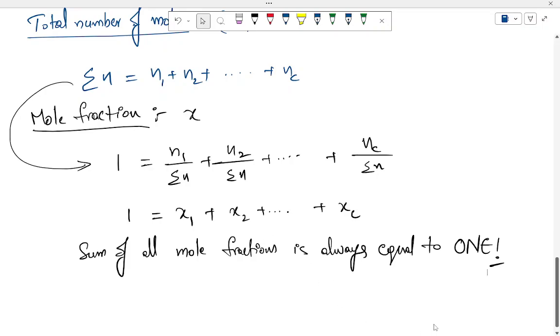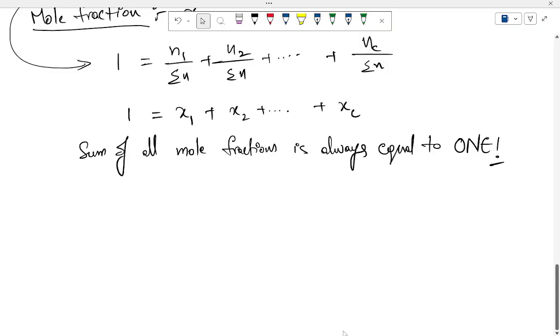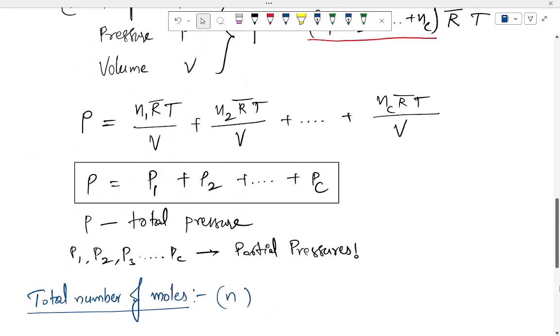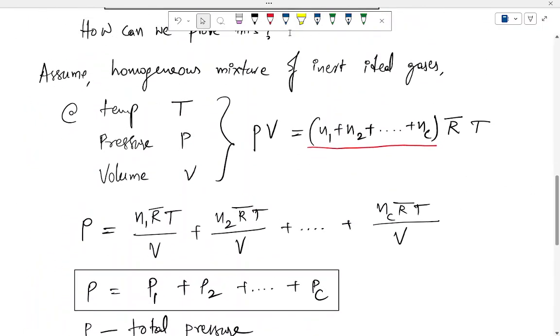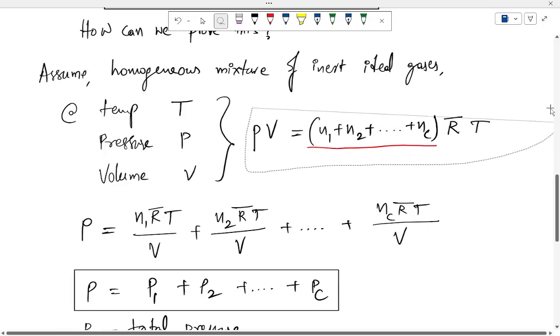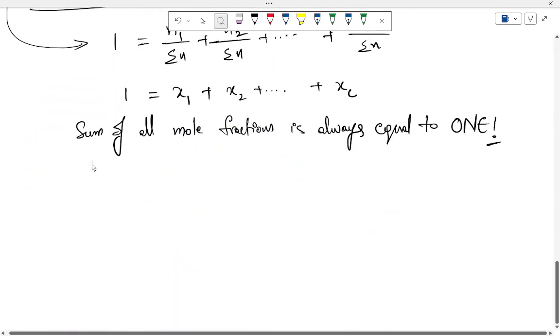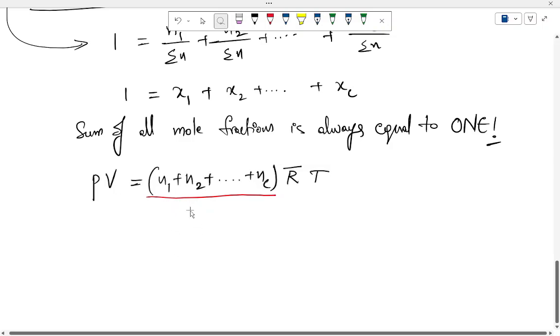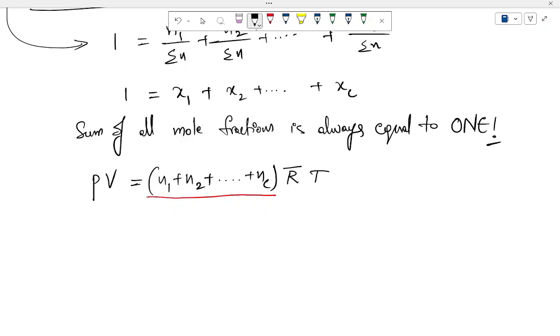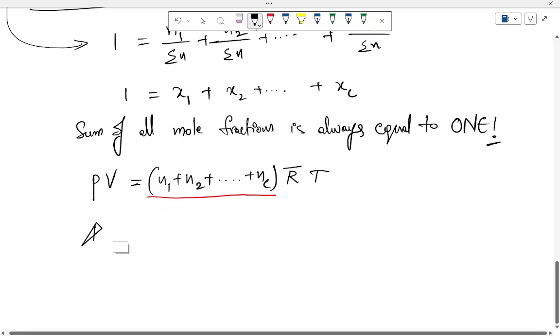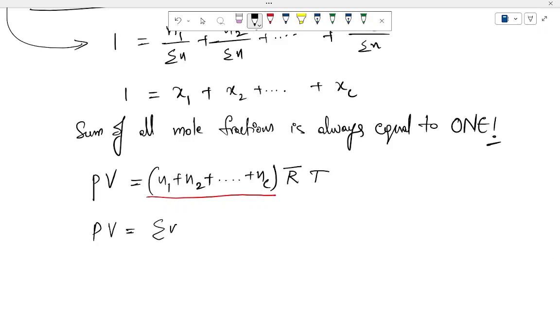Why this mole fraction, we'll understand in terms of partial pressures if we express it this way. Like the expression that we have already taken here, PV equal to sigma n into R bar T, right?